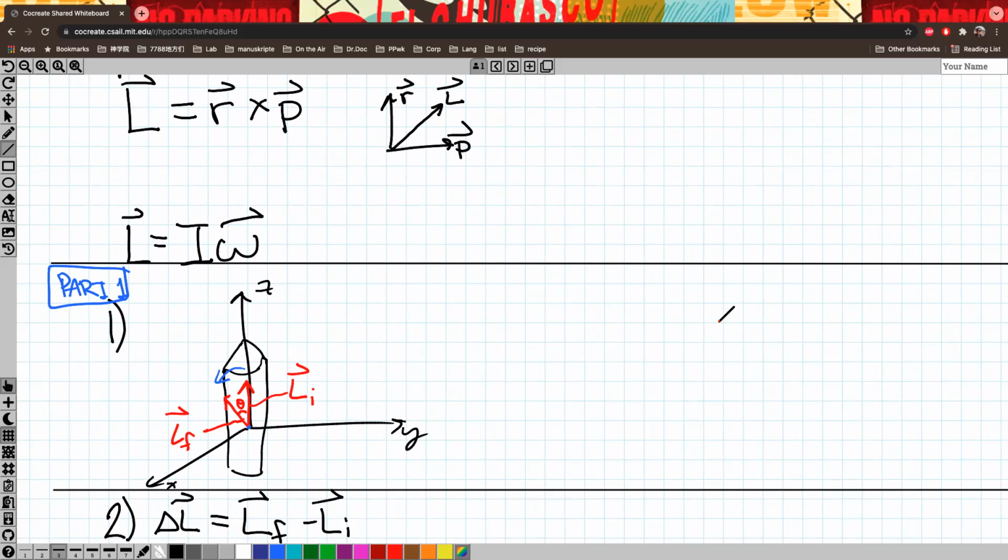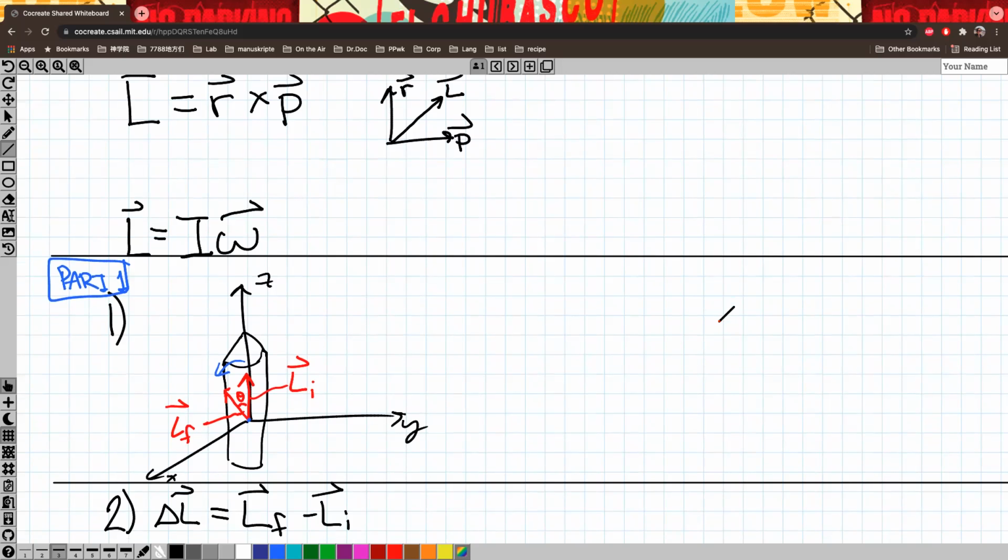Exactly where on the side of the rocket should they be attached? R cross F. The base point for the vector R.